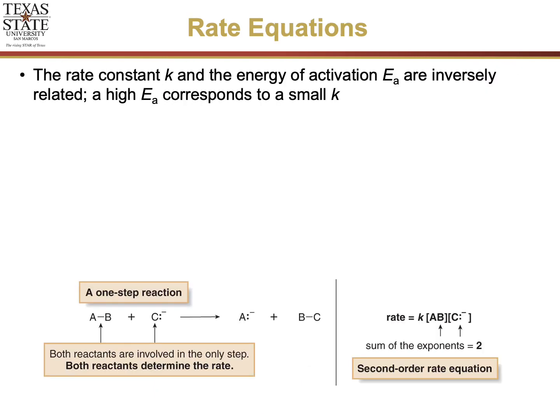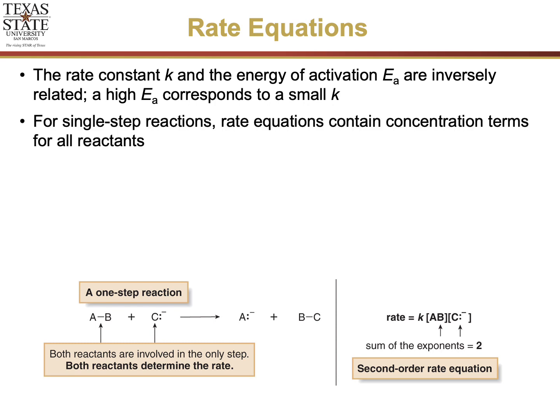All right, so let's look at this reaction here where we have AB reacting with our nucleophile C, which has a negative charge, to create our negatively charged leaving group, which is our A minus, and our BC new bond. Okay, so for single step reactions, the rate law contains the concentration of all reactants.